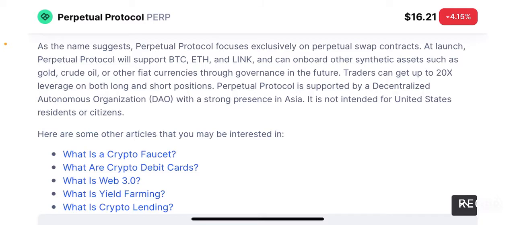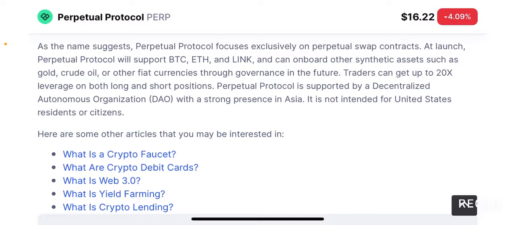But if you are comfortable with perpetual protocols and contracts, then the platform initially supports Bitcoin, ETH, and Link, and I believe they are also expanding to a whole list of tokens. Apart from that, you can also use this platform to trade assets like gold, crude oil, and other fiat currencies in a fully decentralized manner, but this will be added through a governance proposal in the future, right?